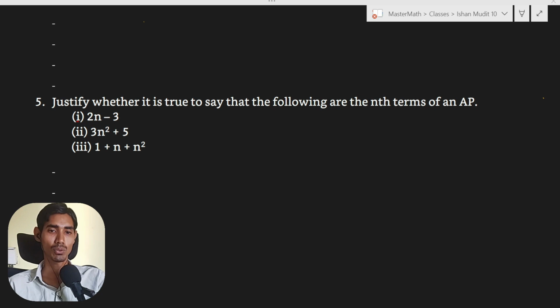The question is saying, is it true that these nth terms form an AP, 2n minus 3? So we have to plug in the values of n, 1, 2, 3, and check whether the output we get for 2n minus 3 is in AP or not. First try the first one, and then we'll discuss the second and third.